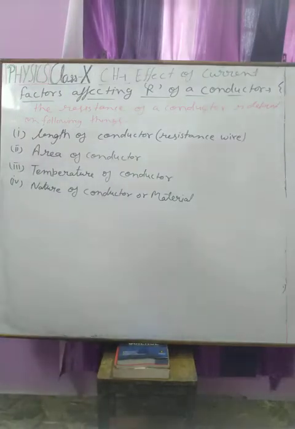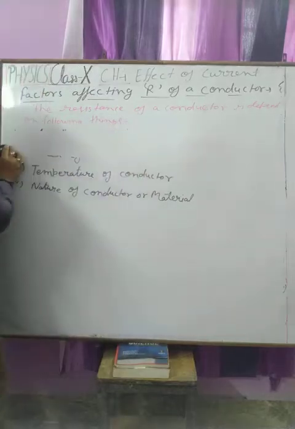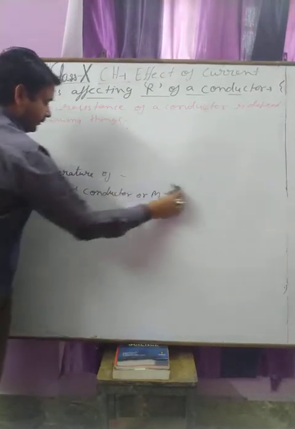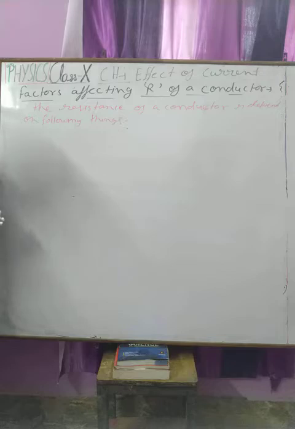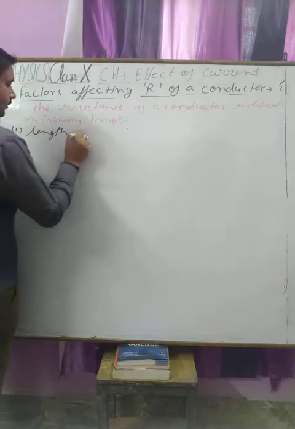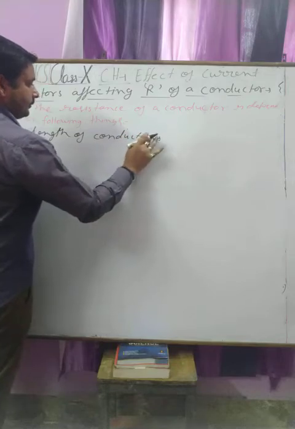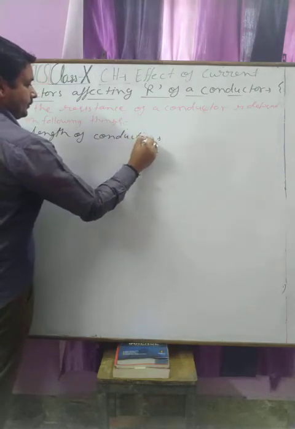Okay student, now we are discussing each factor with explanation and examples. First, the length of the conductor.